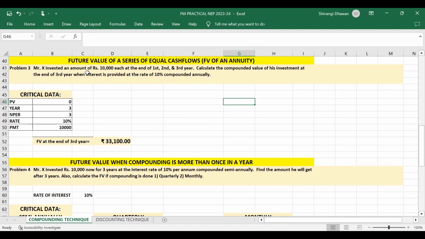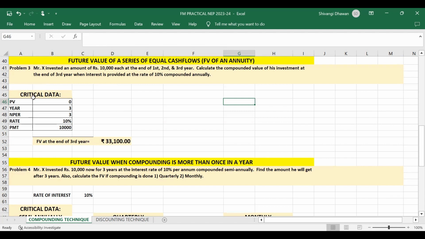So here you can see you're not having three different amounts for 3 years. You are having the same amount, and this particular fixed amount is invested at the end of first, second, and third year. So this is a type of ordinary annuity.